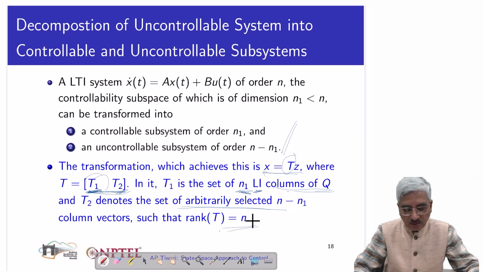It will be invertible. So we have this transformation consisting of the independent columns of Q and arbitrarily selected columns, so as to have a full rank transformation matrix T.